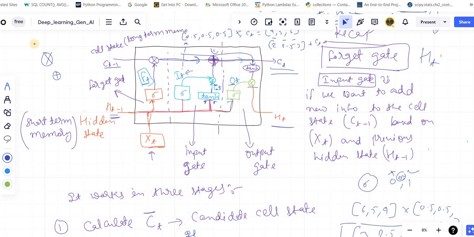But in addition, they were also filtering something using sigmoid. They were not taking the entire previous hidden state and the current input, they are filtering some data from that, and from the tanh whatever is coming, again they are filtering. So all three gates filter using sigmoid, but whenever they want to add the information, they use tanh.